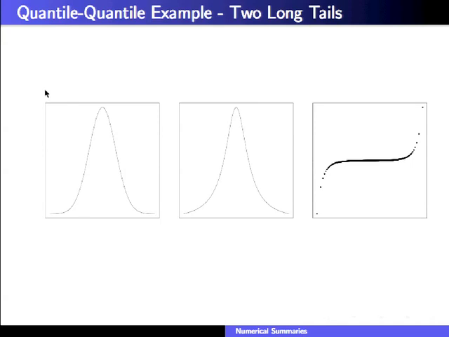We've paired up the quantiles for these two distributions, with the quantiles of the normal on the bottom and the quantiles of the one with the long tails on the vertical axis. You see that it is mostly a straight line, but then it curves up, saying I've got a long right tail, and it curves down, saying I have a long left tail. It becomes a bit of an art, but you can learn how to read these quantile plots, and they can tell you a lot about a distribution that's much harder to see when you're just looking at the density plots. All right.